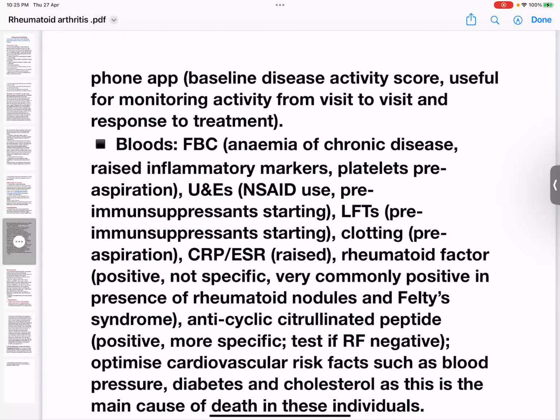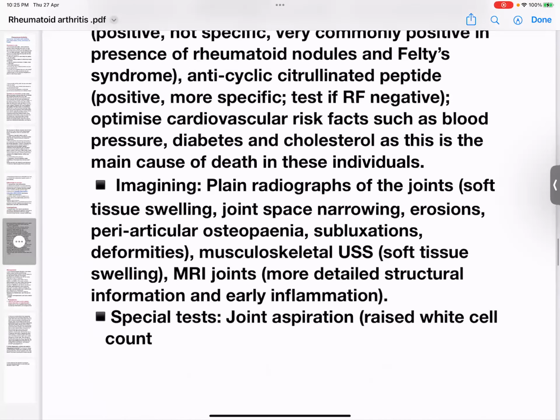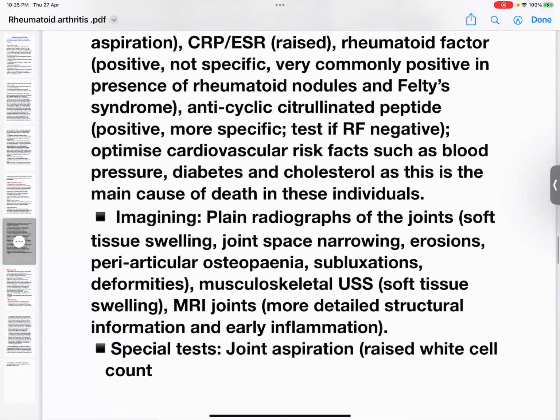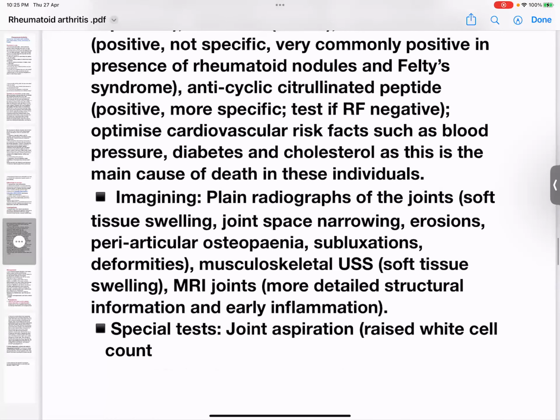Blood tests: think about all the blood tests possible, but the most important are rheumatoid factor and anti-CCP. Anti-CCP is diagnostic for the disease. Any other tests, you should think about antinuclear antibody and extractable nuclear antibodies.